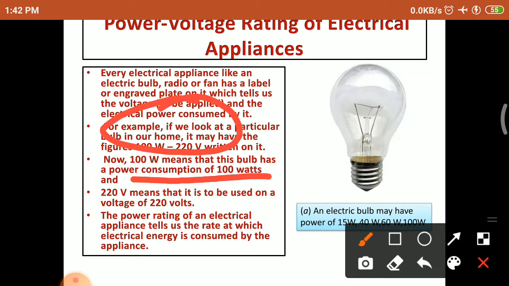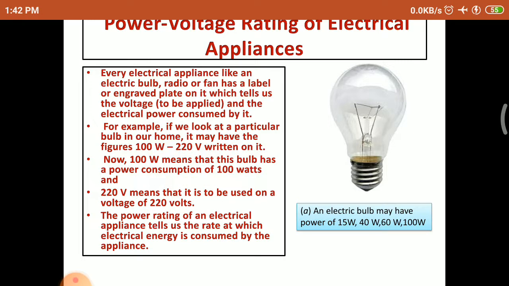And 220 voltage means it is to be used on a voltage of 220 volt. Do you understand? This is very important. On any electrical gadget, the manufacturers write the power and also the voltage. The power represents how much energy it needs, and the voltage means only at this voltage will this electrical gadget work.